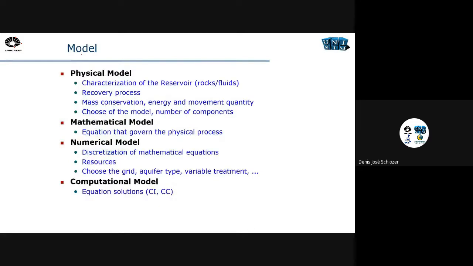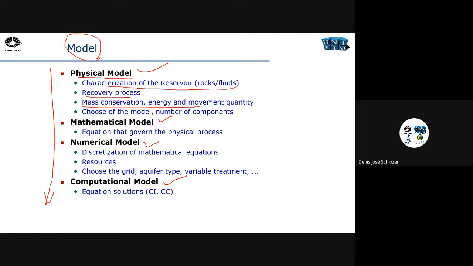So in order to build these models, we go into these aspects that we have seen in the beginning: physical model, mathematical model, numerical model, and computational model. So the physical model has to represent all the characteristics of the block and fluids, the recovery mechanism.